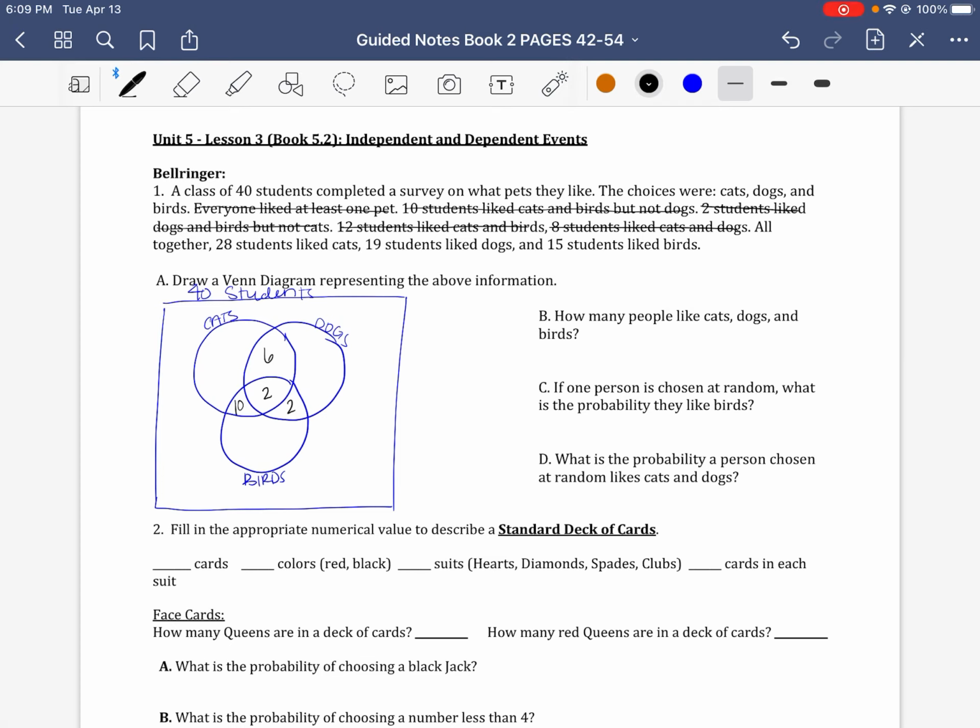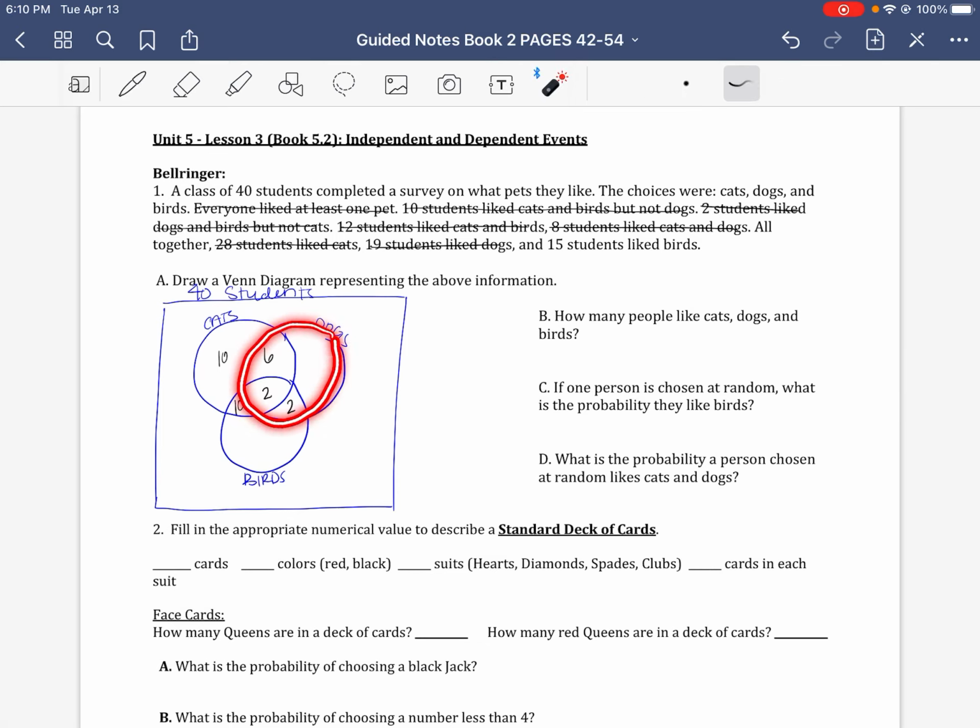And then we just use our grand totals, right? It says altogether 28 students liked cats. So if you look at the cats, we already have 16, 17, 18 within the cat circle. And if 28 total liked cats, then 28 minus those 18 would leave us with 10 more out here. And then we'll do the same thing with dogs. 19 like dogs.